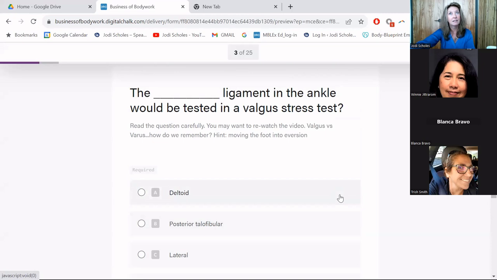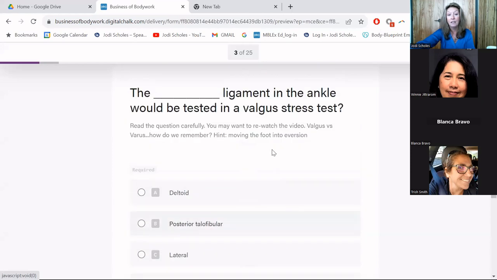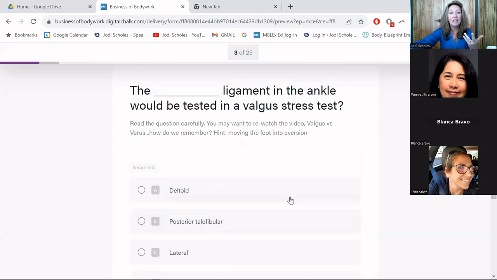Varus. I'm going to just take a 50-50 guess. I know it's not posterior tib. I know it's not calcaneofibular. I know it's either deltoid or lateral, but every now and then I get mixed up on the varus and valgus. But here's the nice thing: you've got a 50-50 chance. If you know the varus and valgus tests the medial and lateral side of the ankle, then you just pick the ligaments that are there.